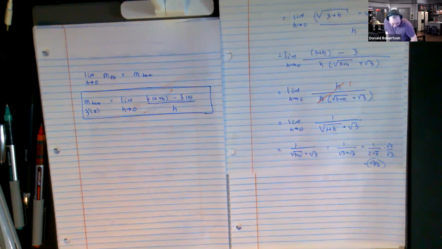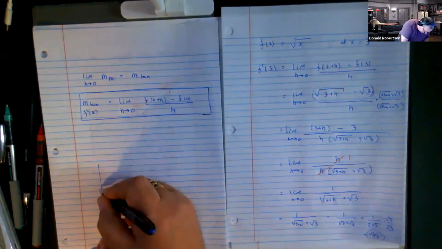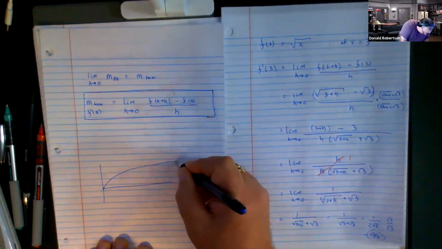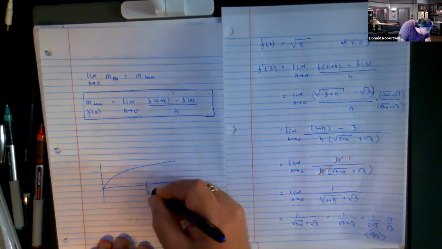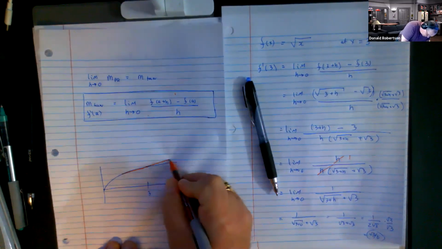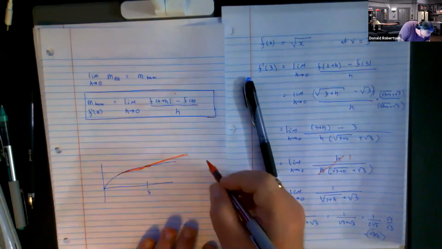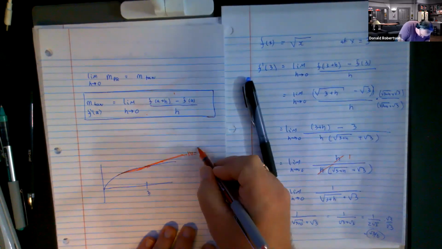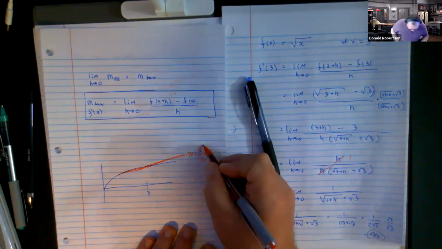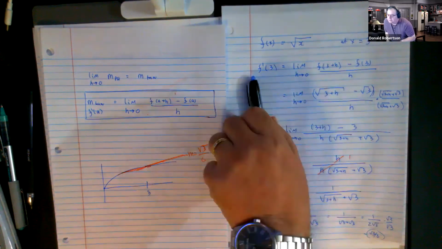Now, the exact value for the slope of the square root of x, which looks like that, at x equals 3, which would be about here. That tangent line, pretend that's a tangent line, I'm really killing it, has a slope with an exact value of that. You could not get that answer numerically.